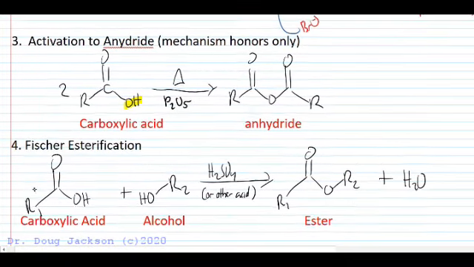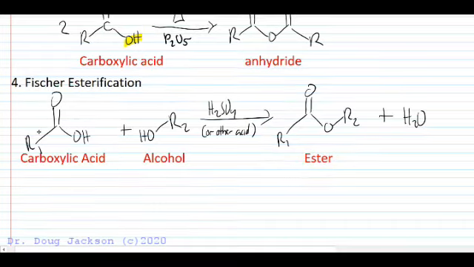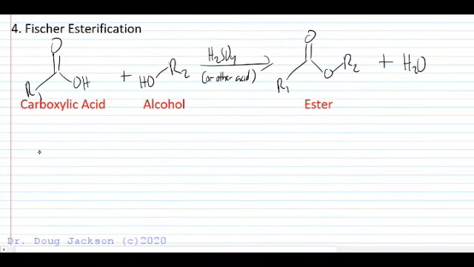Okay, and again, the mechanism here is for the honors class only, so I'd have that posted separately if required for that particular mechanism. But the Fischer esterification is fair game, so let's have a look at it. We react the carboxylic acid and alcohol. In order to form an ester, we're going to need an acid catalyst here, so H2SO4, HCl, some acid in order to promote the carbonyl addition.